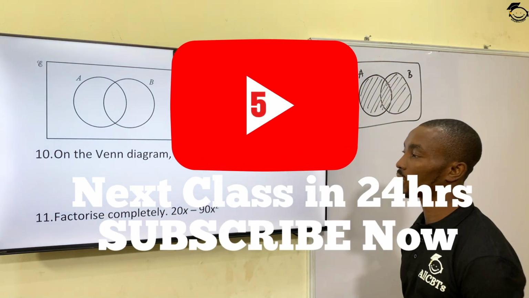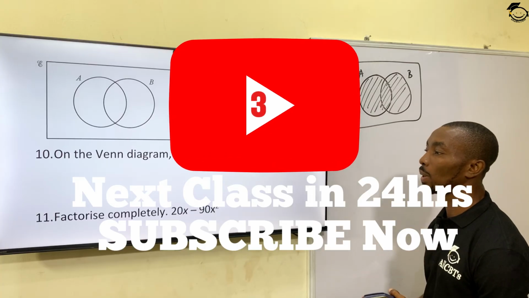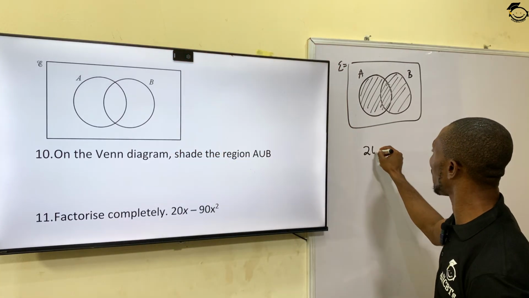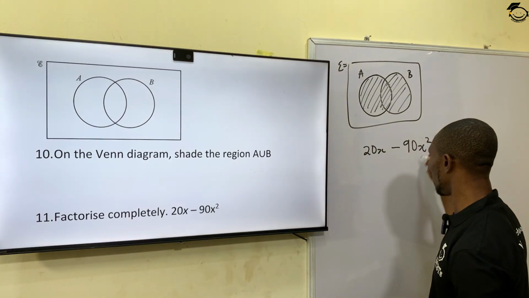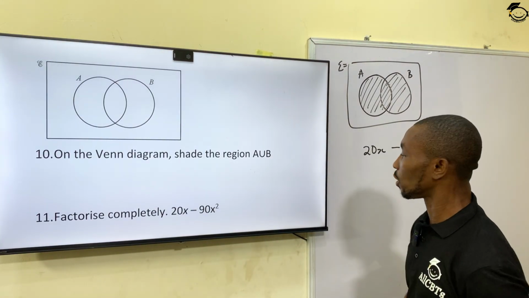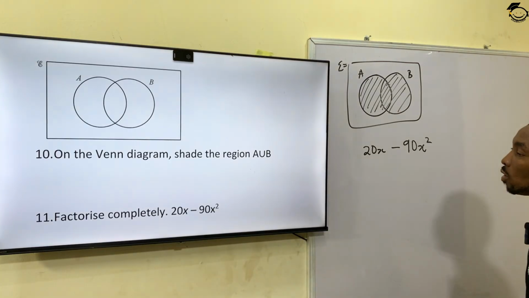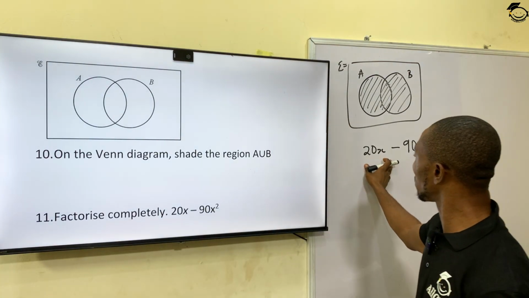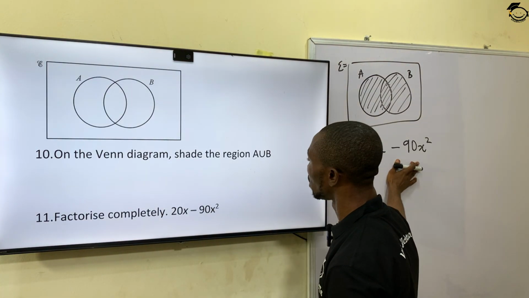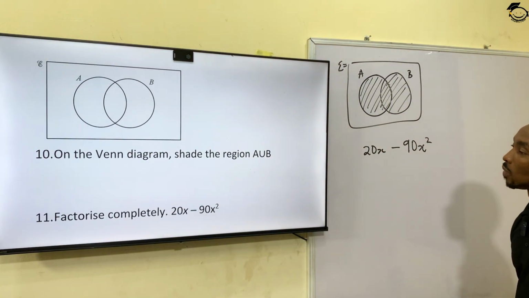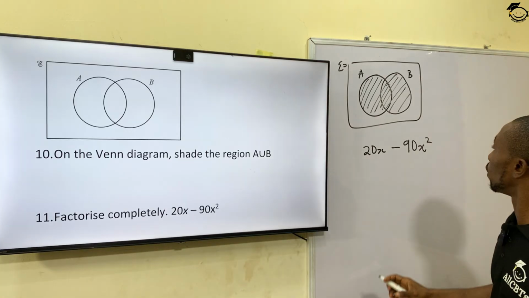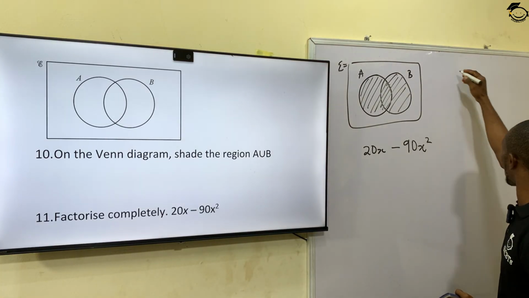And our next question says, factorize completely. We have 20x minus 90x squared. In order to factorize this completely, we would look for a common term between 20 and 90. So let's look for our common factor here.